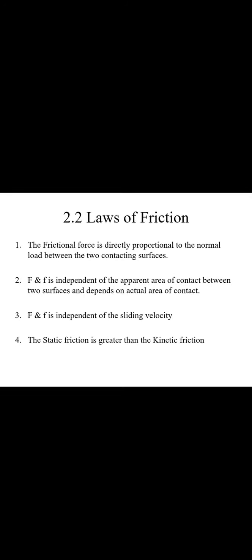To know this law, you have to know what static friction and kinetic friction are. Simple, the name itself indicates static and kinetic. Static friction is the friction between the contacting surfaces at the start of the motion, before starting the motion or initially, and that is called static friction. Kinetic friction is the friction between the contacting surfaces during the motion.